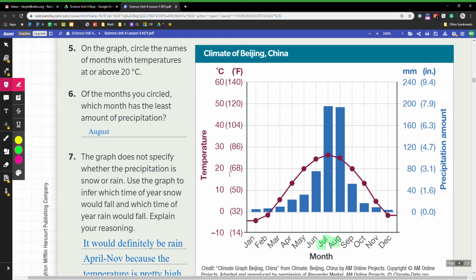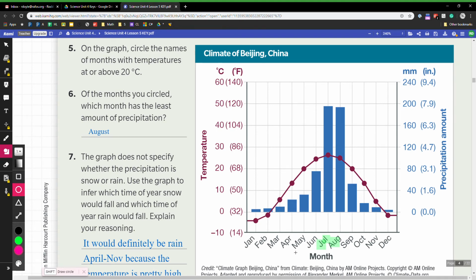So 20 degrees is right here. And, oh, you know what? I missed. Oh, my word. I was looking at precipitation when I did this one. So it's actually, let me get a circle here. Fixing my own stuff.